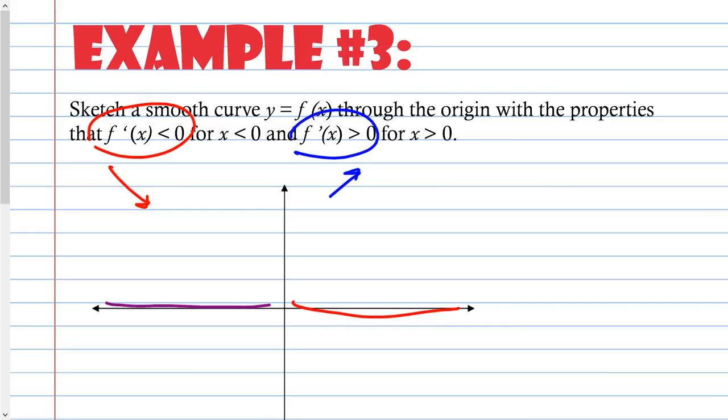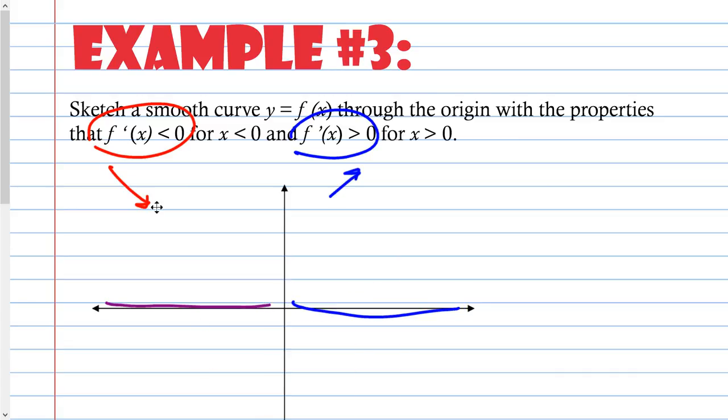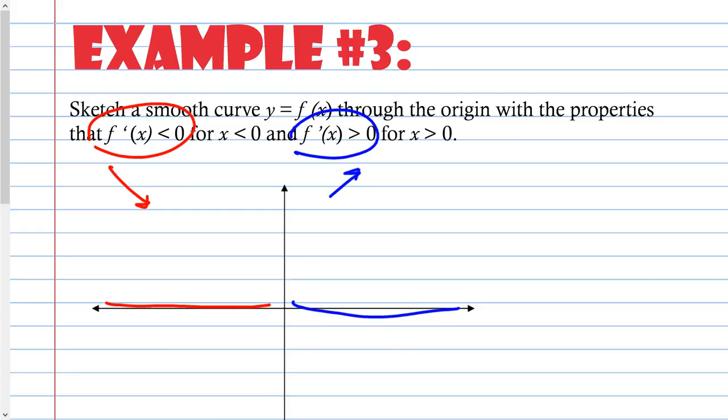You know what? I should have color-coded this. Let me make this one blue, because that's the blue section. And let me make this red, because that's the red stuff. Okay. So, what does my graph look like? Well, for the red part, it's coming down. For the blue part, it's going up.